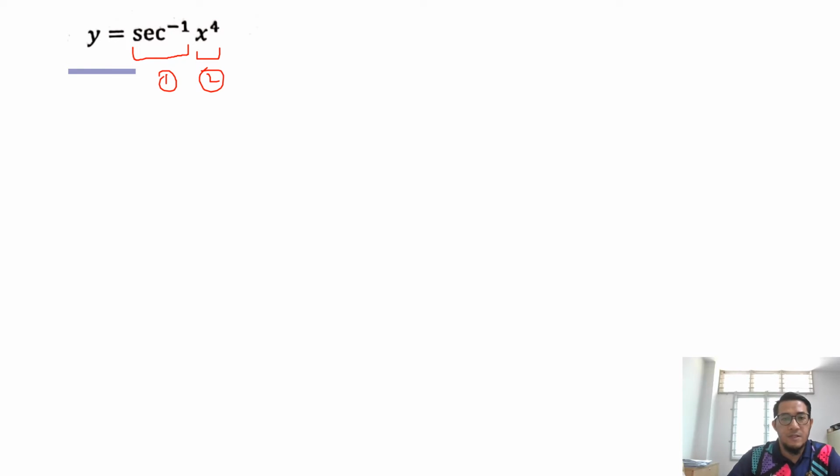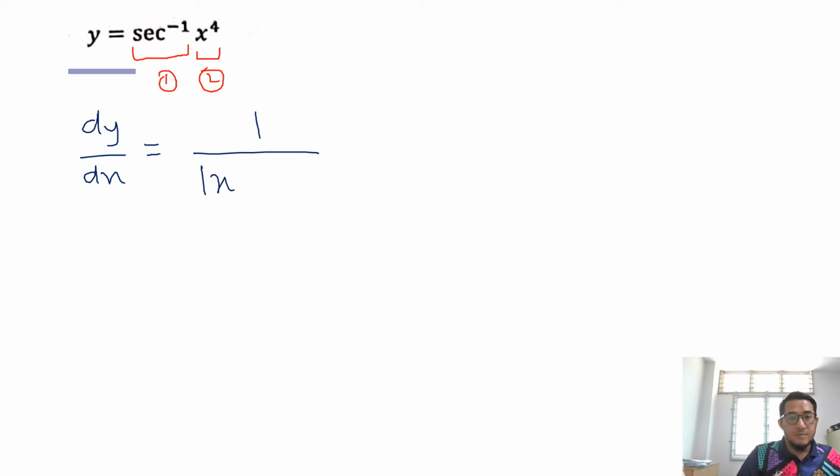So dy/dx equals 1 over modulus x to the power of 4 times square root of x to the power of 4 squared minus 1, times, from differentiating x to the power of 4, 4x cubed.